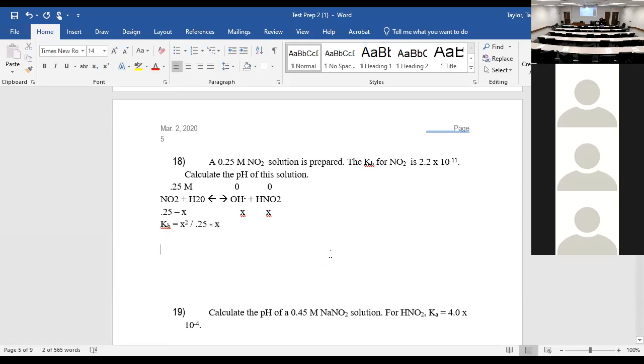So does anyone remember the way to do that, to check to see if you can drop your X? No. Let's look here. Did you do it on here? It doesn't have anything to do with the quadratic formula, does it? Okay.